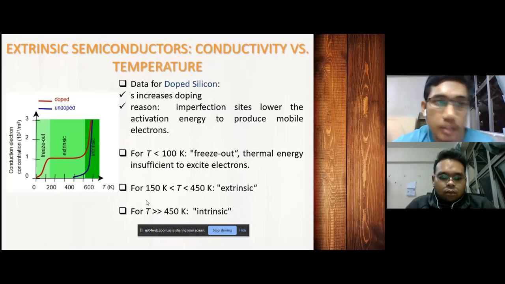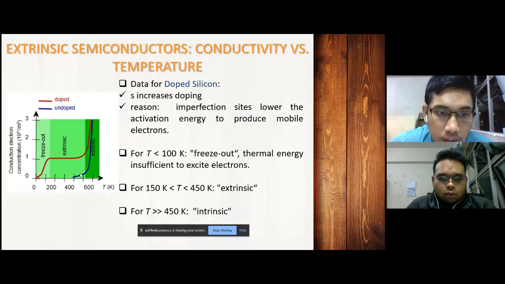So next is the extrinsic semiconductors, which is the graph of conductivity versus temperature. The data for doped silicon is that conductivity is increased by doping. The reason is that the imperfection sites lower the activation energy to produce mobile electrons.